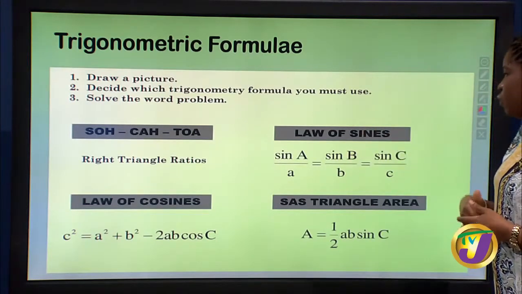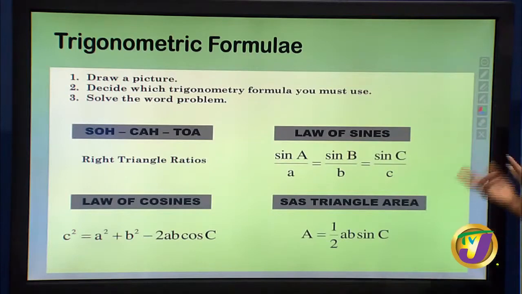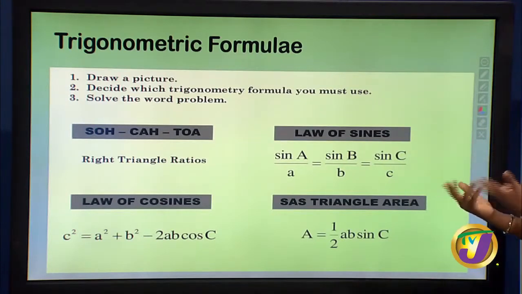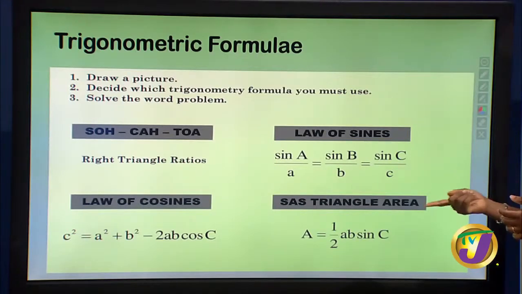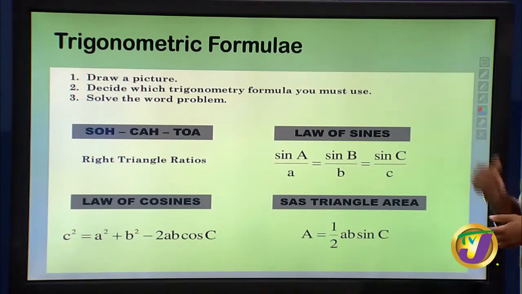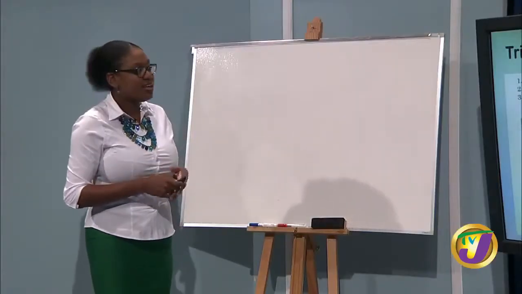And if you know two angles and a side, or two sides and an angle, similar for the law of cosines. So you're looking for certain details to decide if you're going to use this formula or the trig ratios. We will see how we apply these formulas when we move on in the lesson.